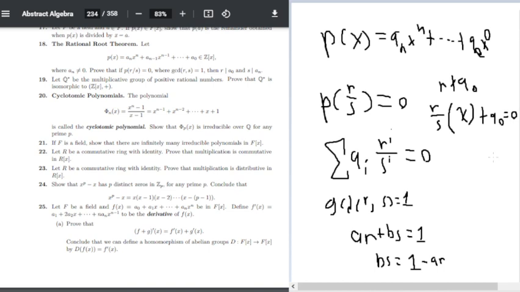Now chi needs to be some integer, yes. Chi is an integer on this input, because a naught is an integer. So this basically says that r chi is equal to a naught s, or that r is equal to a naught s over chi.